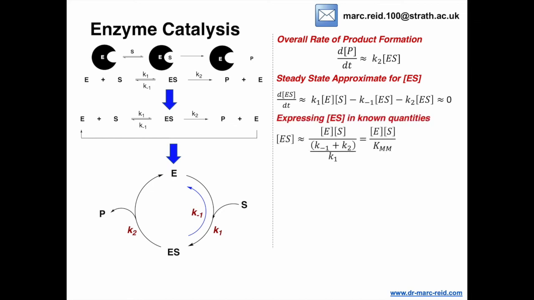Next, we rearrange the equation from the steady state approximation and define the concentration of ES in terms of E and S. At the same time, we define uppercase K subscript MM, the Michaelis-Menten constant. It's named because this model of enzyme catalysis was first developed by Michaelis and Menten and is termed most commonly as Michaelis-Menten kinetics.